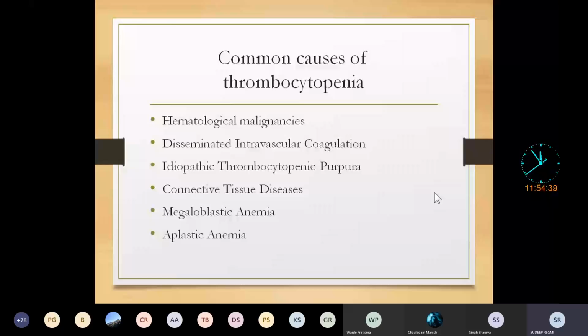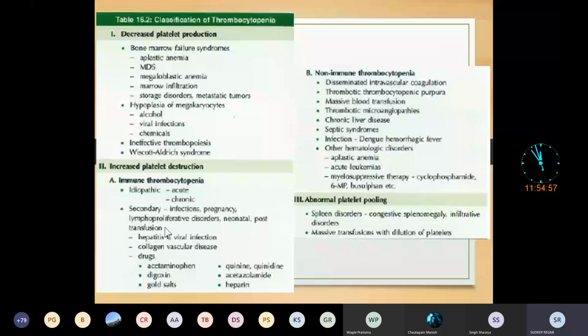And apart from those, connective tissue diseases, megaloblastic anemia and aplastic anemia will lead to thrombocytopenia. So here is a list of clinical diseases which will lead to thrombocytopenia.